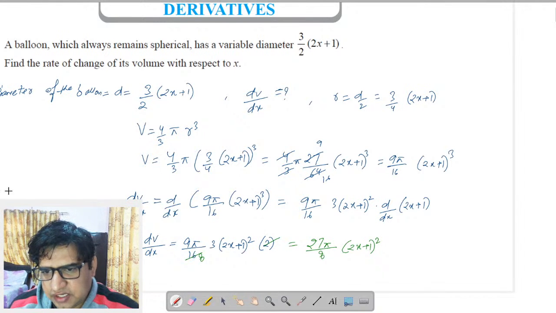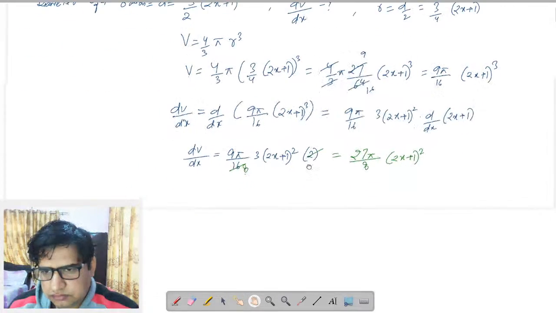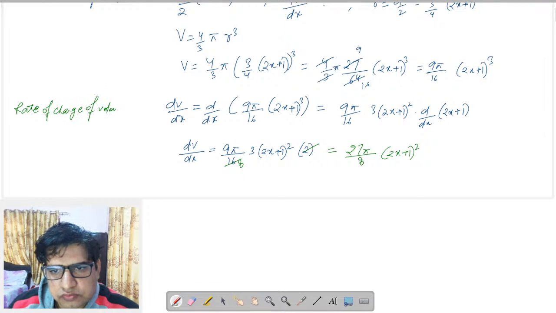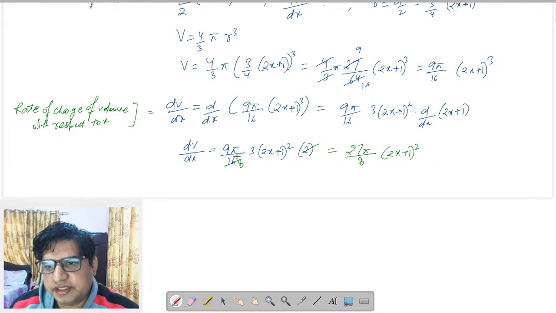And here we can fill in some lines, like we can simply write it down here: rate of change of volume with respect to x. So this is equal to dV/dx.